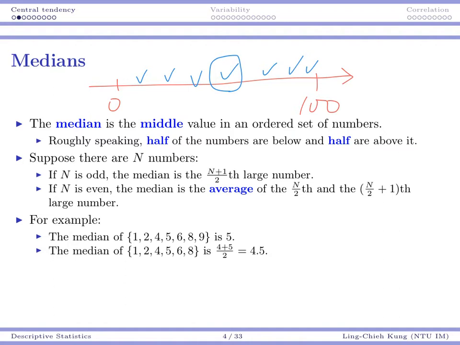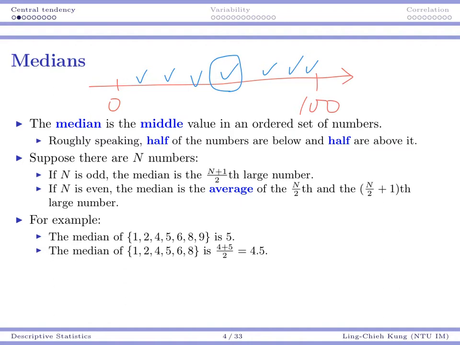Because in the future we will always use software to do the calculation, you don't really need to memorize this formula. All you need to do is to memorize the concept. For example, here if we have 7 numbers, 5 is the middle number. But if we only have 6, then the average between 4 and 5 is the middle number, or the median.